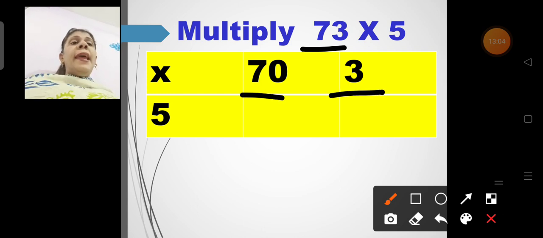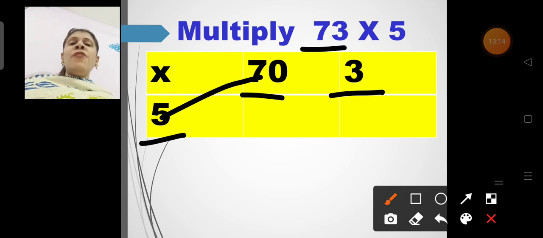And then the number 5 you will write below the multiplication sign. Now we will start multiplying. 7 5s are, because we don't know the table of 70, so we will multiply 7 5s. So 7 1s are 7, 7 2s are 14, 7 3s are 21, 7 4s are 28, 7 5s are 35. So I will write here 35.